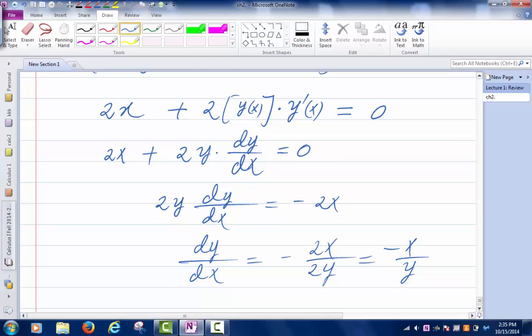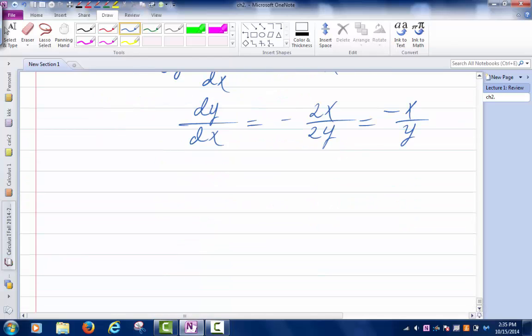Now, let me emphasize what we did here. This is just a discussion, a remark. If I take the derivative of y squared with respect to y, then it is just 2y, right?